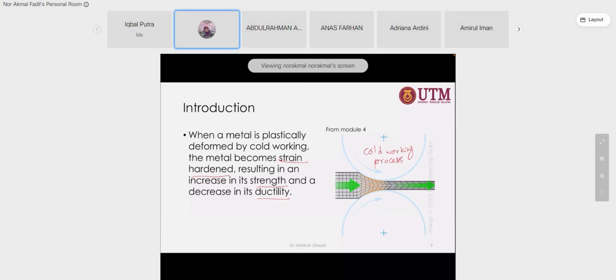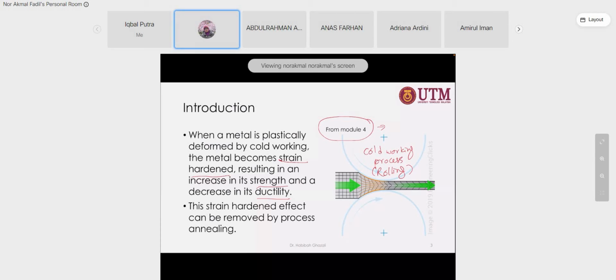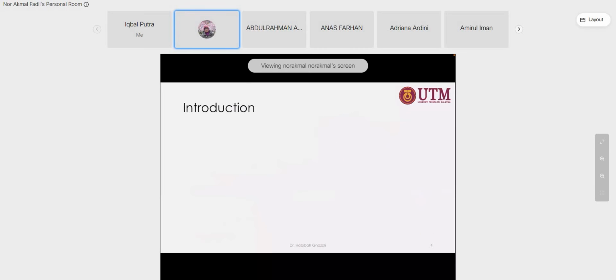This is rolling. So in module 4, we talk about a strengthening mechanism through this process. How the metal becomes high strength because of this process. This strain hardening actually can be removed by the annealing process. Yes, we have discussed this in module 4.